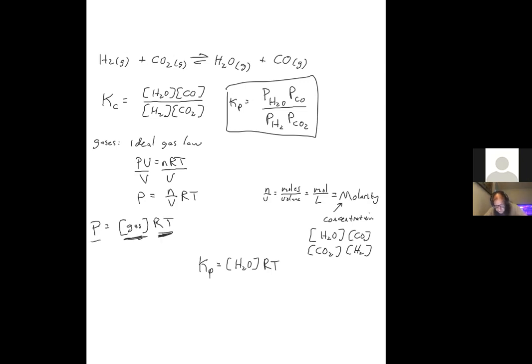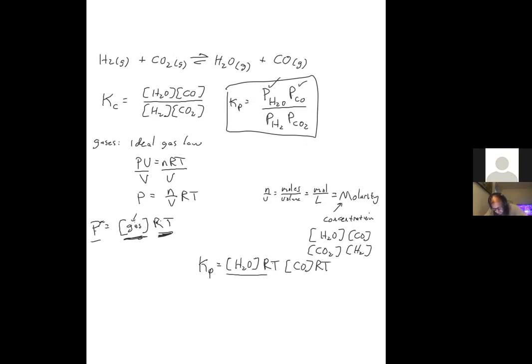So since I have pressure of H2O, that would be the concentration of H2O times RT. We're going to do the same thing for each one. So we have that times the concentration of CO times RT. I'm putting CO in here.